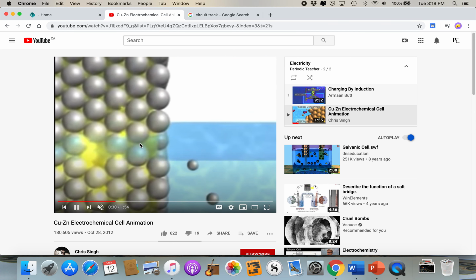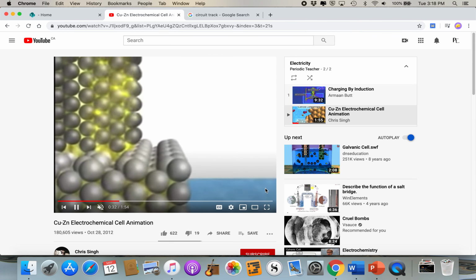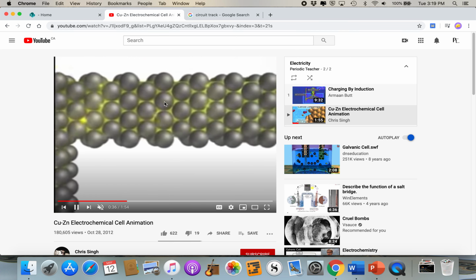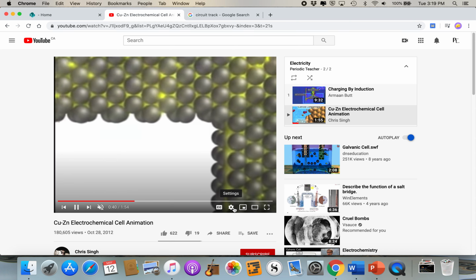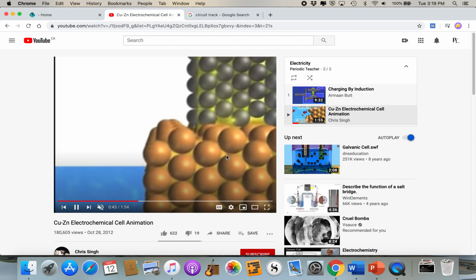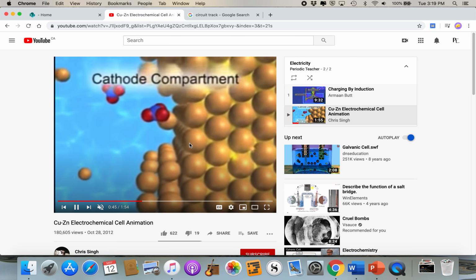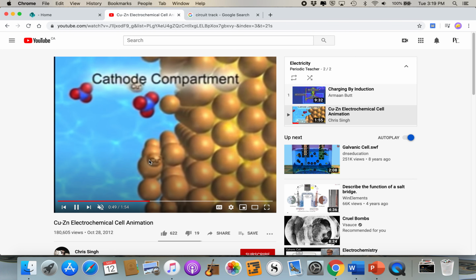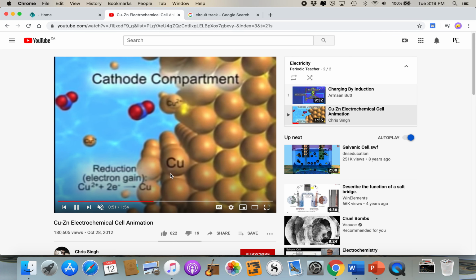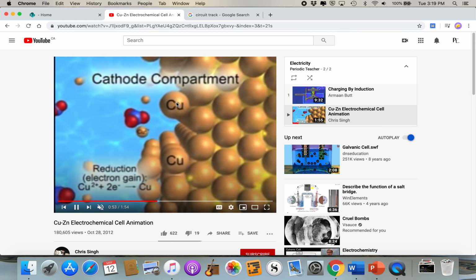We see that all these zinc atoms are going into the electrolyte, and this light here is the electricity that is traveling from the zinc through to the other electrode made of copper. Don't worry about that word there, but look, copper ions are now attracted to the metal surface and then form back into their atomic state, right?